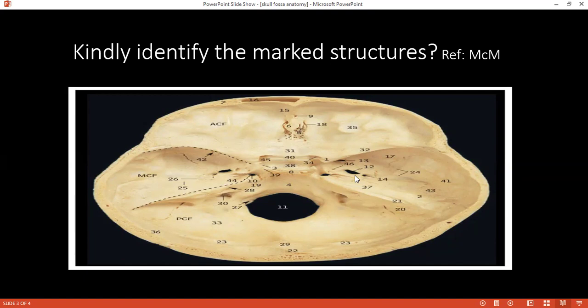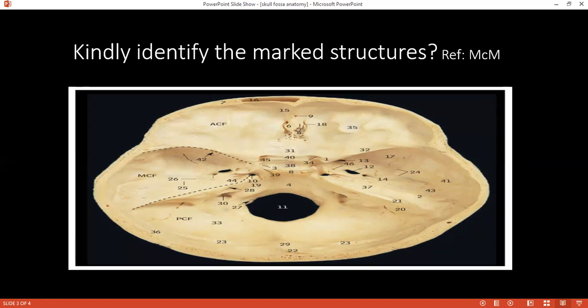Otic ganglion, and the mandibular branch of trigeminal nerve, and accessory meningeal artery, and lesser petrosal nerve, and emissary vein. Very good.